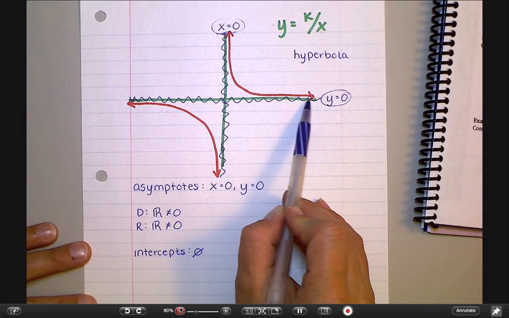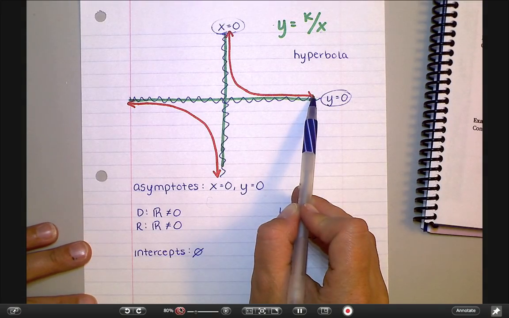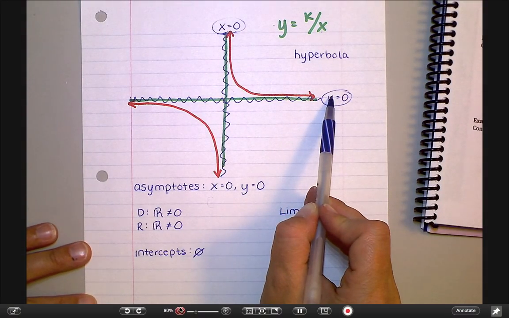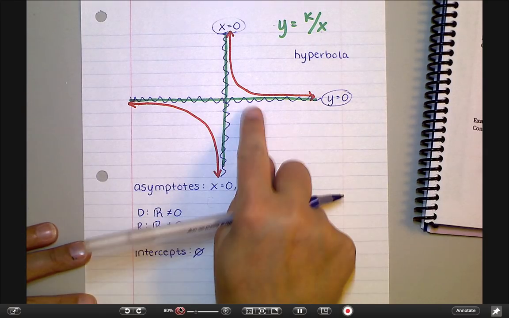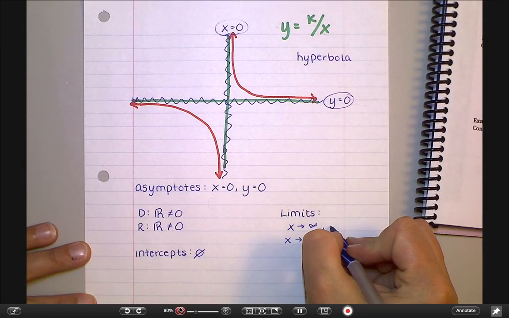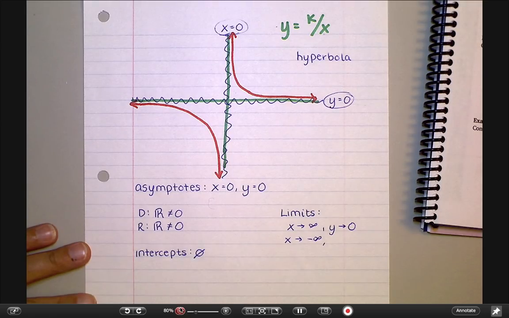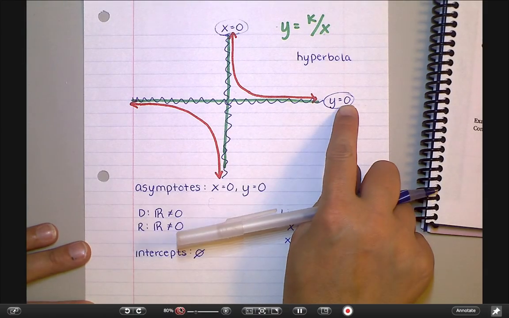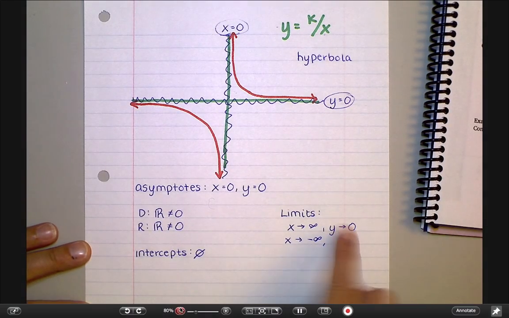As you walk out towards infinity in this direction, what is happening to the tail end of this graph? Where is it going? Well, it's getting closer and closer and closer to that middle line, which is 0. So we're going to say y approaches 0. It doesn't actually reach it because it can't reach it. It's got an asymptote there, but it gets closer and closer and closer to 0.